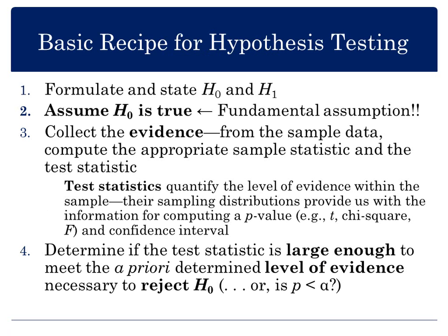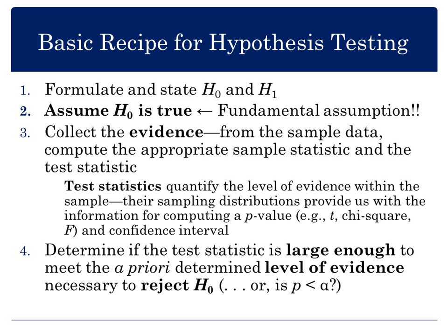We're going to formulate first and state our null and our alternative hypotheses. Number 2 is fundamental because it starts off and it creates that distribution at the top of the previous slides. It sets up the population. We're going to assume the null hypothesis is true.